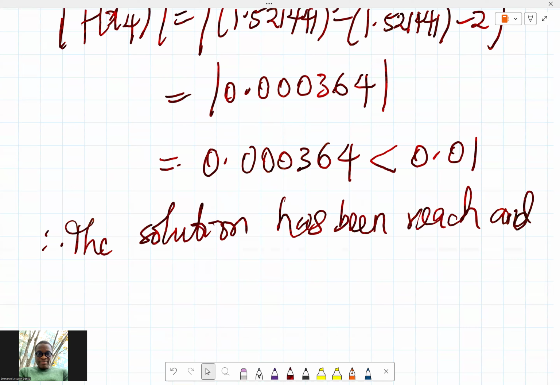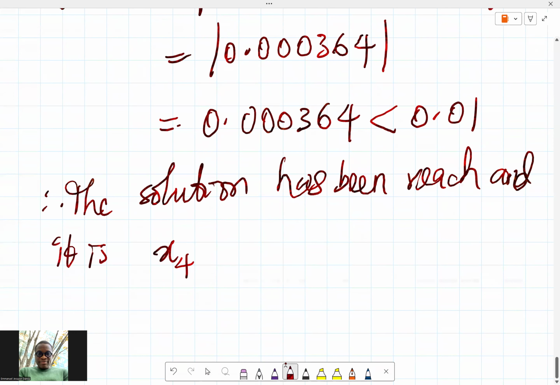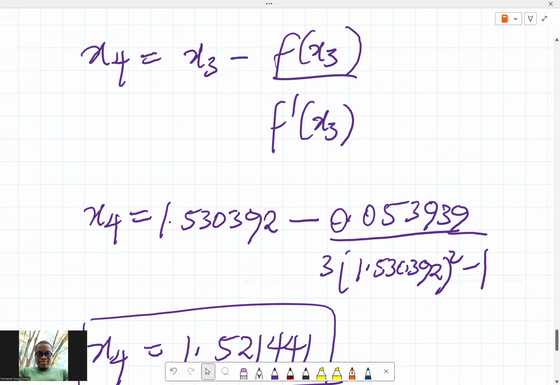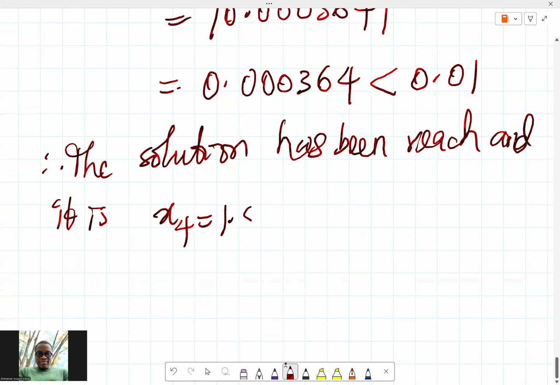And it is x4, okay? This is x4 equals 1.521441.